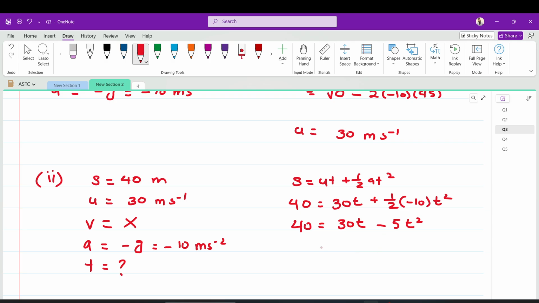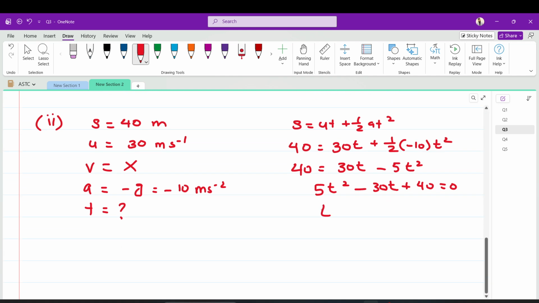Again, I'm going to rearrange them. So 5t squared minus 30t plus 40 equals 0. All of these are multiples of 5, so we can simplify the equation. So this becomes t squared minus 6t plus 8 equals 0. So we need to find two factors. When we multiply them, that should give us 8, and when I add them, I should get minus 6.